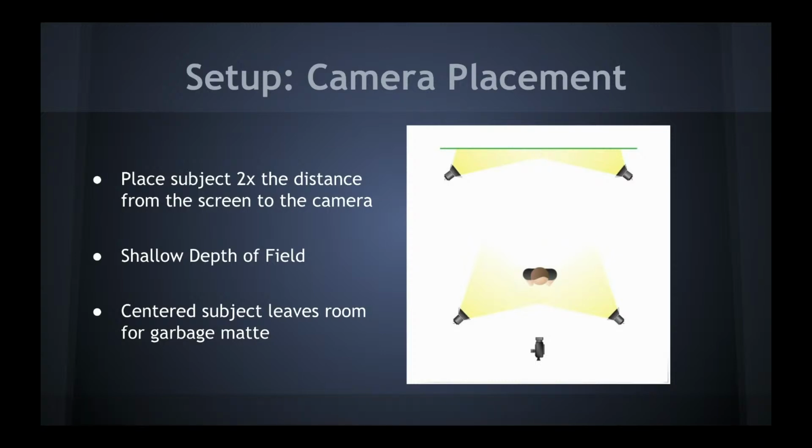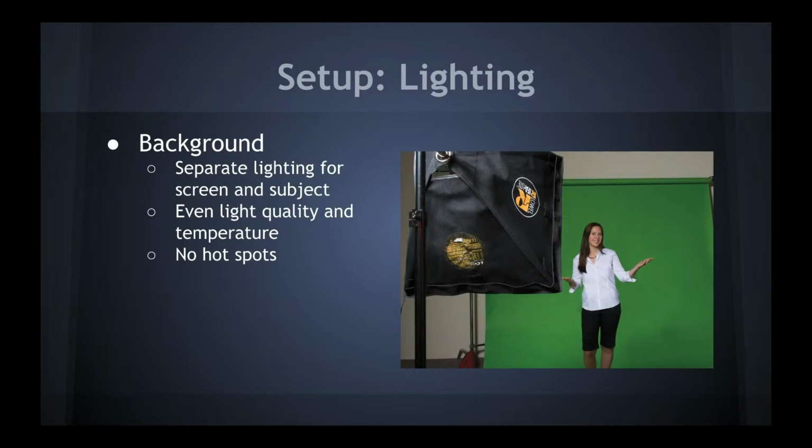You got it. All right, so separate background lighting from the screen, and then even quality and temperature with no hot spots. So if you have a camera that has zebras on it, zebras are an indication of lumens that are reaching the sensor, and what they'll do is show you what is overexposed or underexposed.